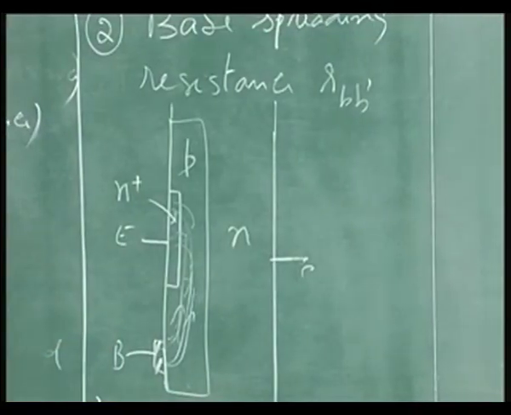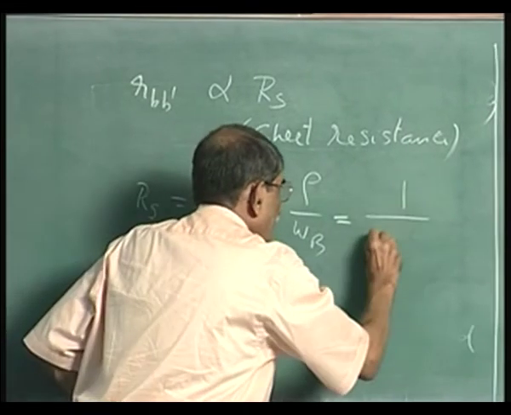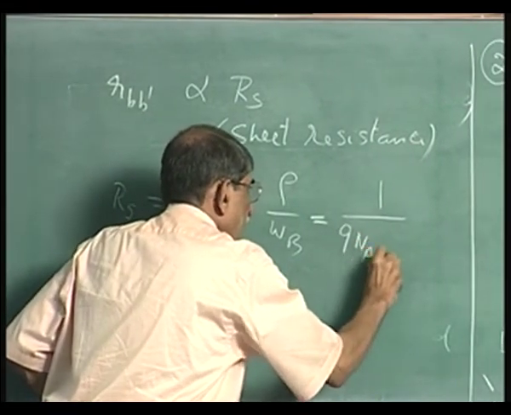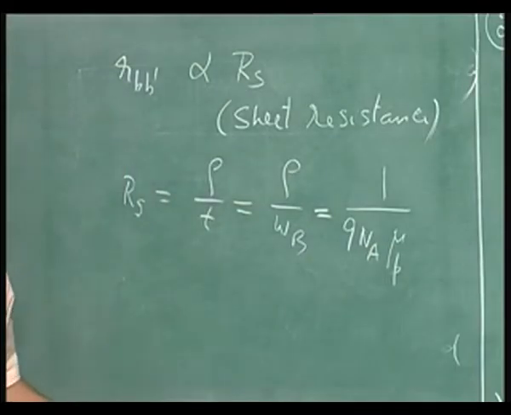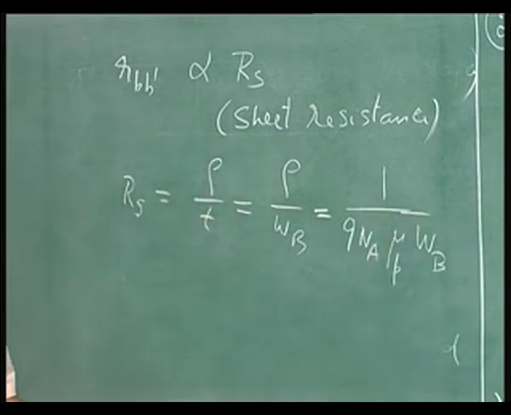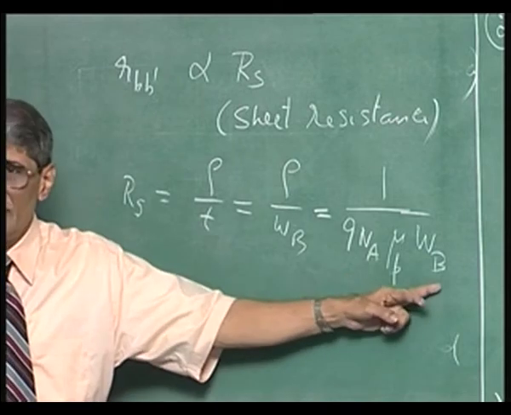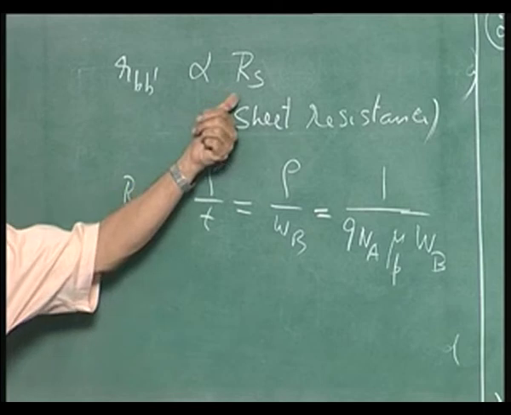So, what is rho? 1 by q N A mu p, that is sigma, into WB. Now, you can see if I reduce the base width, RS goes up linearly. If RS goes up, RBB dash goes up.